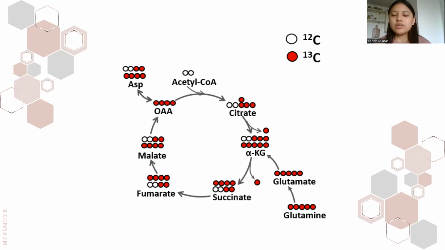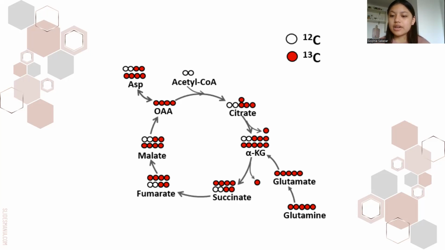This is done by counting the number of carbon-12 and carbon-13 in each metabolite to deduce where the carbon-13 is coming from, whether a carbon dioxide was fixated, how the cycle is moving, and what enzyme was used to create a specific reaction.